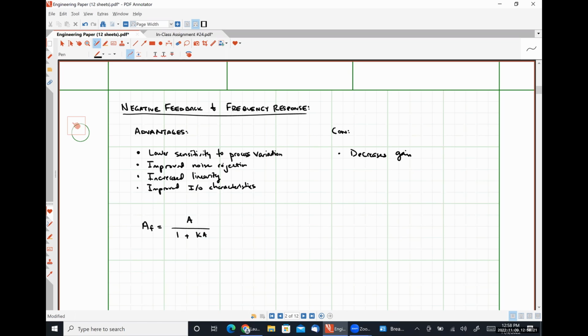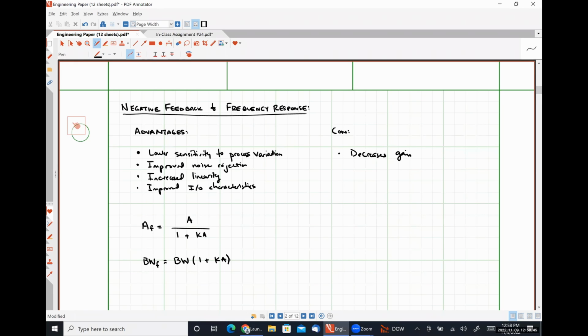We found that our bandwidth with feedback was our bandwidth without feedback scaled by a factor of 1 plus KA. This is true particularly for a single pole amplifier circuit, okay?